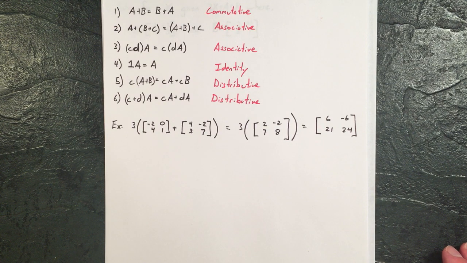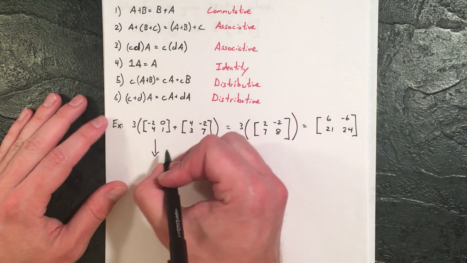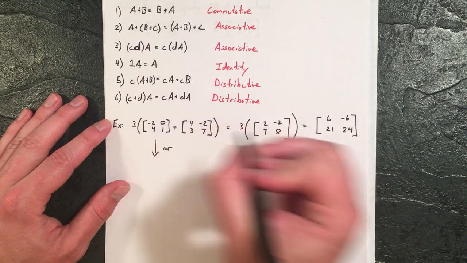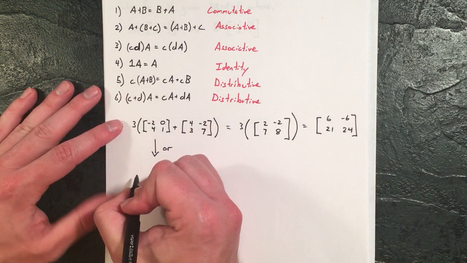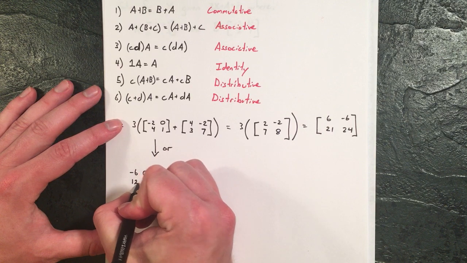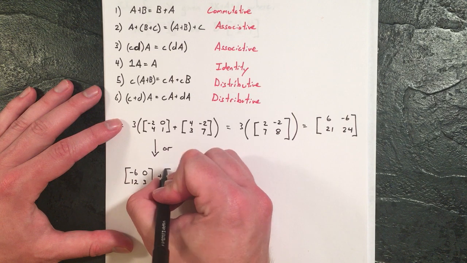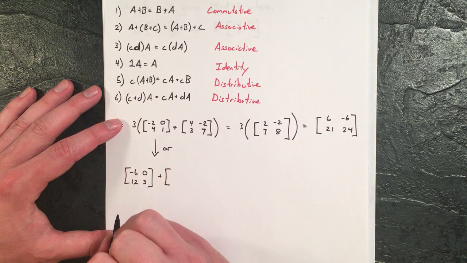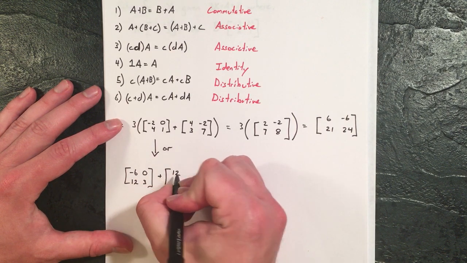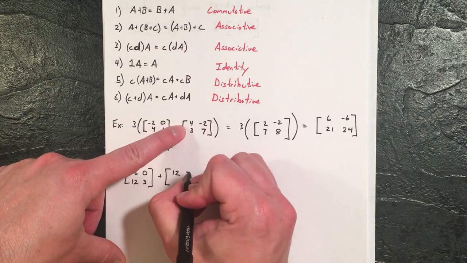Okay, let's try it the other way as well, where we multiply it first and then carry it through. Multiplying them first, we have what? Negative 6, 0, 12, 3. And then 12, let me not zone out here.